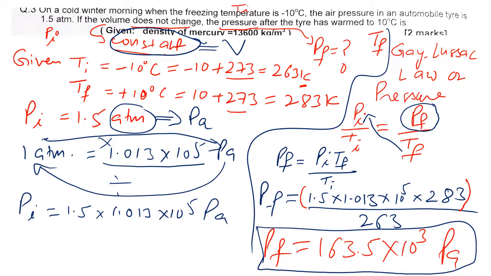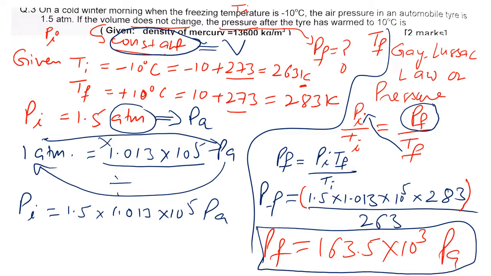It has the same meaning, and the law is: initial pressure over initial temperature is equal to the final pressure over final temperature. Now here you have to find the value of the final pressure.